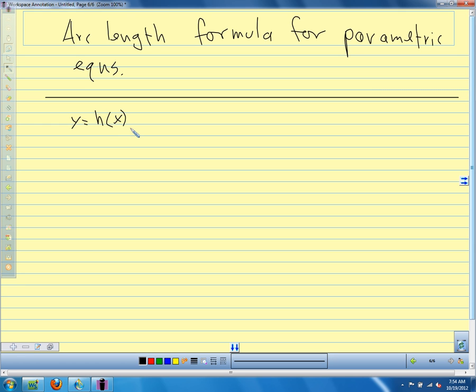So if y equals h of x, our arc length formula is s equals the integral from, I'll just say a to b, of the square root of 1 plus h prime squared dx.